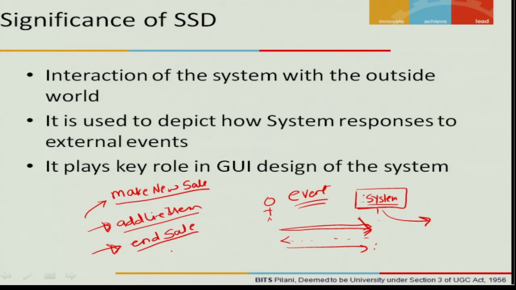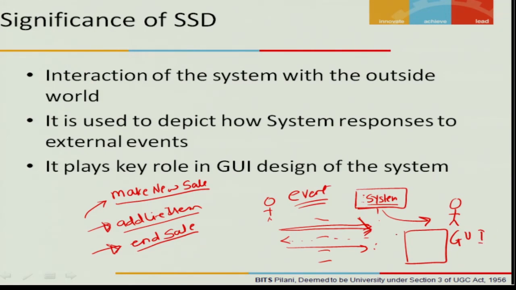So any clue why SSD will be useful? I hope you guessed correctly. What happened? The designer takes this SSD and gets a clue of all the events which are happening from the external world to the system, and this event handling will be very useful for creating an effective graphical user interface design.